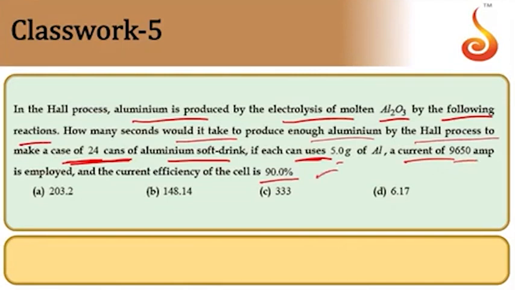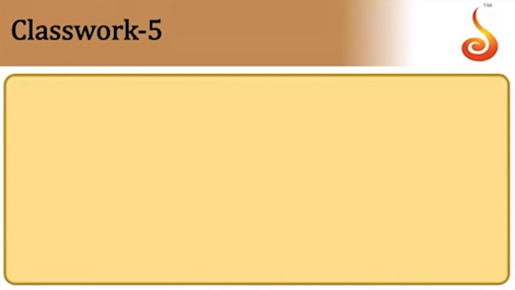First we'll find out totally how much mass of aluminum we require. Then we apply Faraday's laws. Now total mass required will be equal to 24 cans, each of mass 5 grams, it comes to 120. So totally you require 120 grams of aluminum.